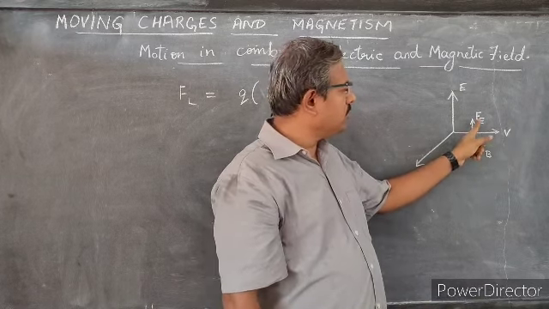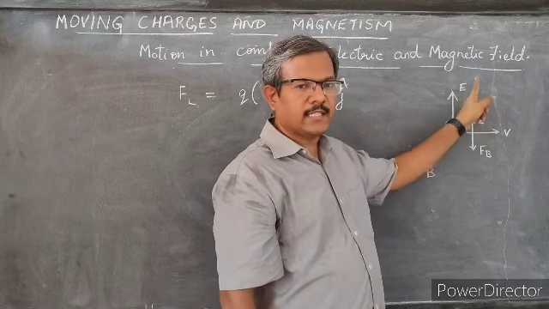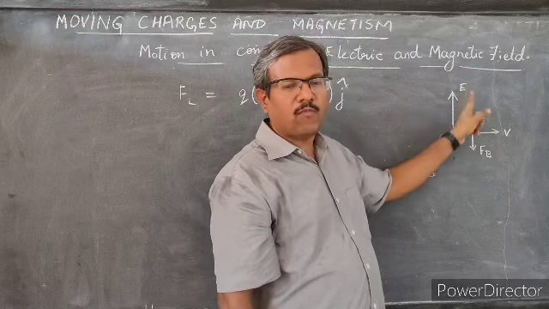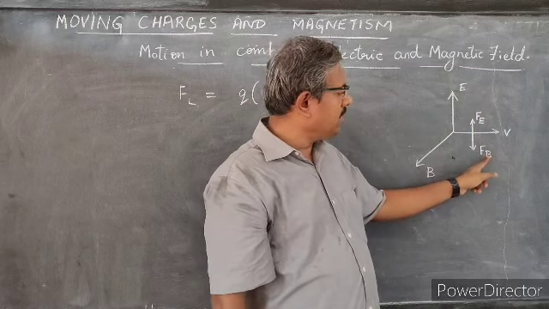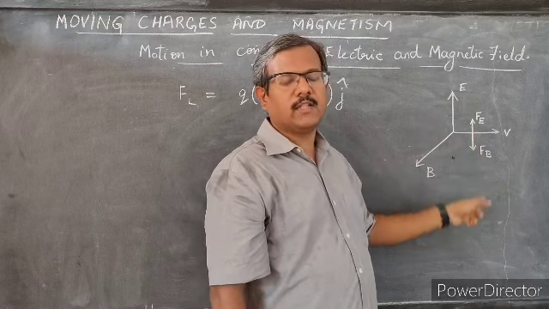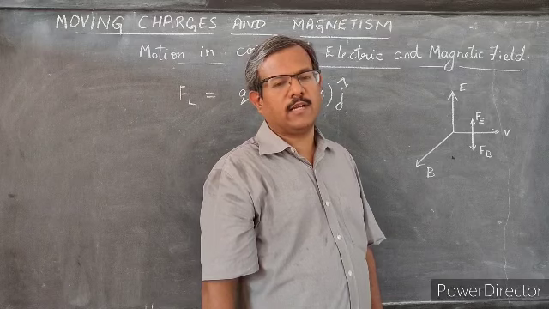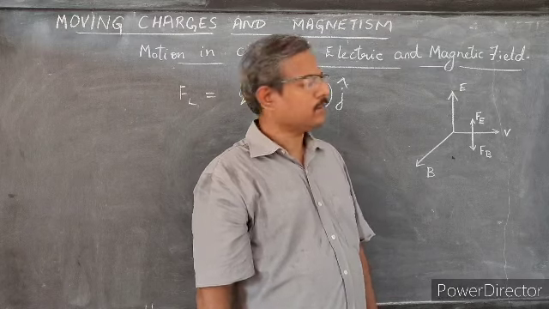So the force due to the electric field felt by the particle is in the direction of the y-axis, and the force being felt due to the magnetic field is also along the y-axis but in the opposite direction. Now you might also check with Fleming's left hand rule whether this is true.